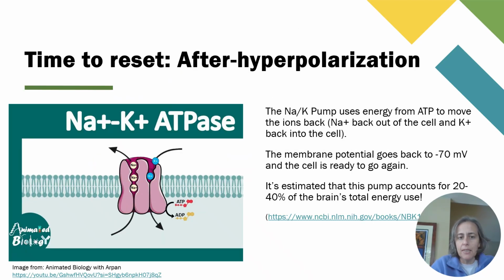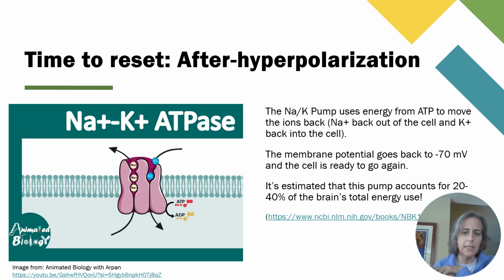After that all happens, we need to reset for the next time. So this is our first time actually talking about the sodium potassium ATP pump, or sodium potassium ATPase. So this is a membrane protein complex that spans the plasma membrane, and it's a pump. So it's going to use energy from ATP.